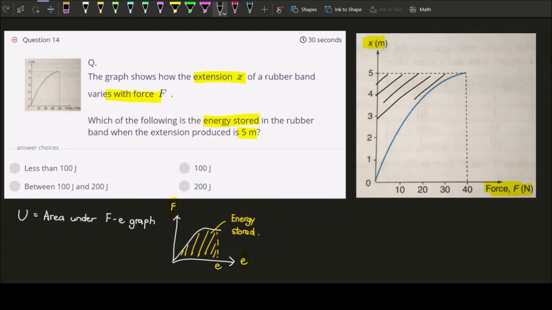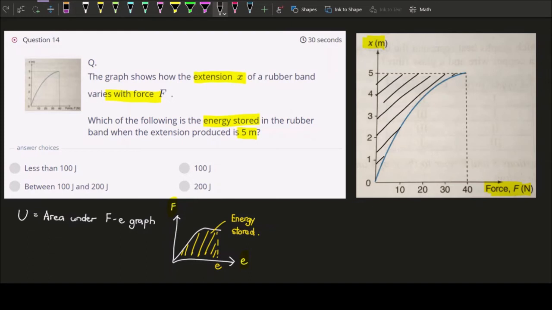You have to be very careful, because they flip the graph, your area under the graph will be the area towards the y-axis, no longer the x-axis. So this will be our area under the graph. How do you calculate it? You need integration. Unfortunately you haven't learned integration yet, probably soon.